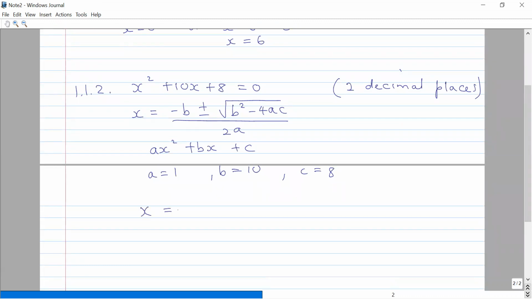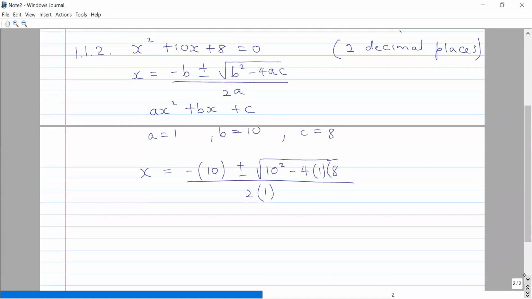So x is equal to, we said that b is 10, so it's going to be minus 10 plus or minus square root of 10 squared minus 4, our a is 1 and our c is 8, divided by 2, then the a is 1 as well.